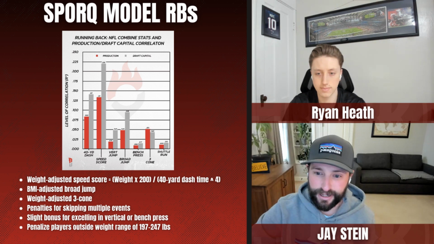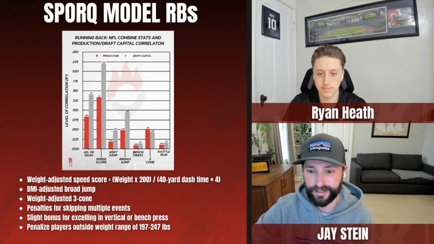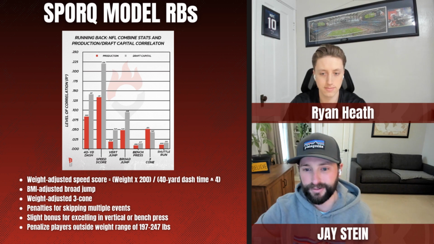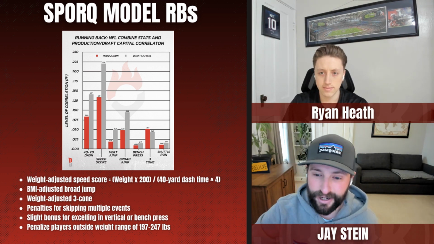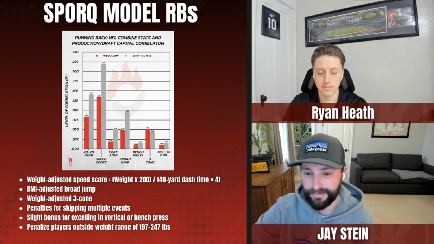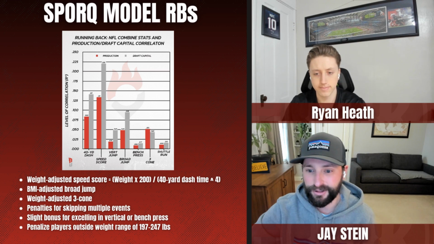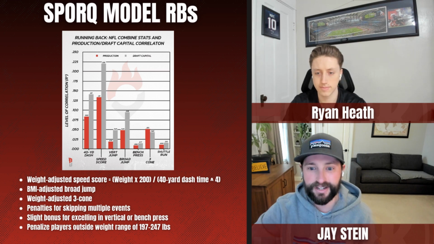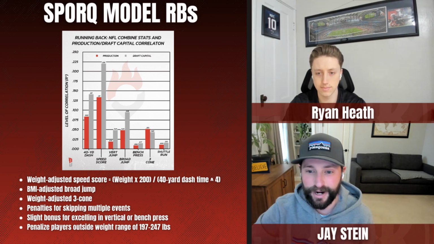I grabbed the charts out of there, and the charts are really cool. The chart shows correlation, measured by each of these combine measurements: the 40-yard dash, speed score, vertical jump, broad jump, bench press, 3-cone, shuttle run. They're all there. And then it's the correlation to production in red and draft capital in gray.